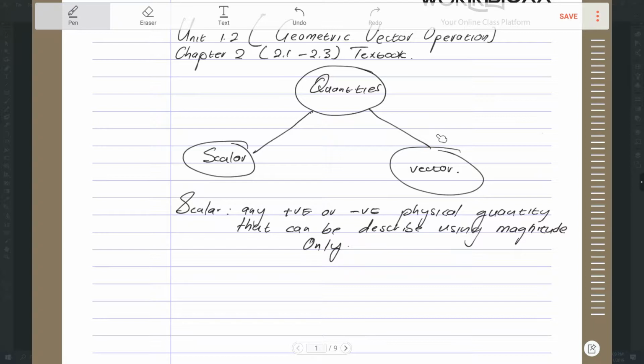So this scalar, anything that you can describe using only magnitude, will fall under the concept of scalar. For example, we'll talk about length, time, and mass. So this is how we define scalar.